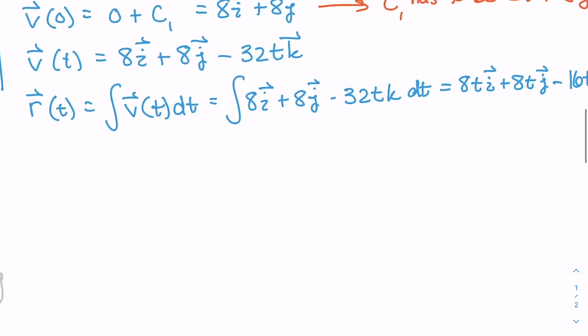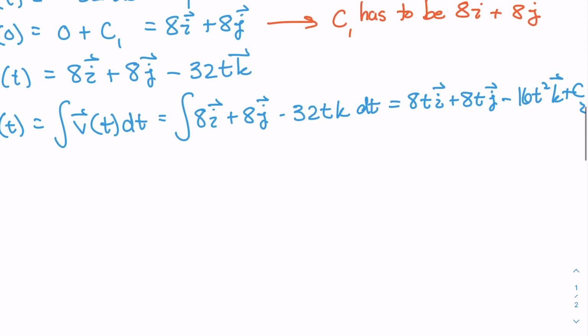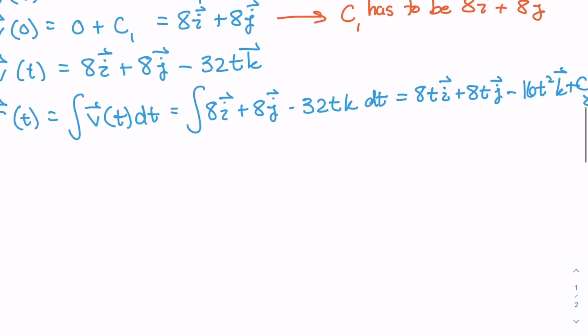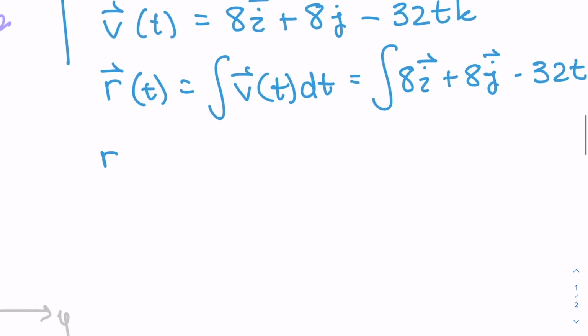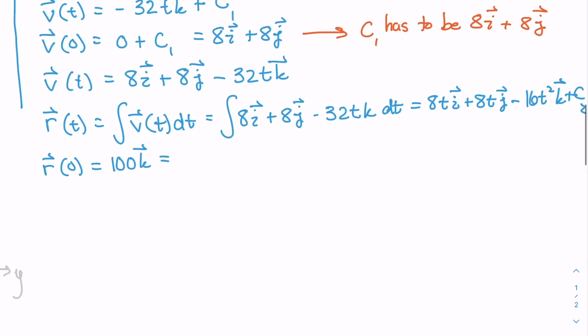So we know that the position at 0, so r of 0, has to be 100k. So let's plug in 0 here and see what we get. So when you plug in 0 here, you end up getting just 0, right?